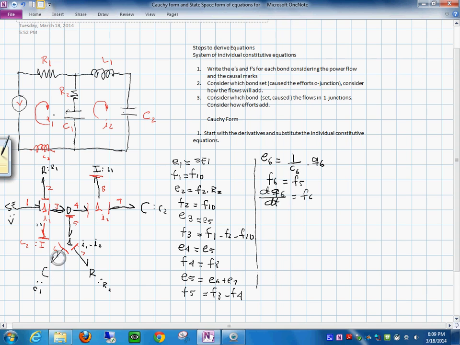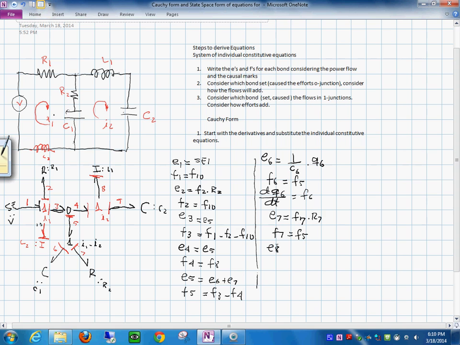That's from this C. So now E7 is equal to what? To F sub 7 times R sub 7. And then F7 is F sub 5.